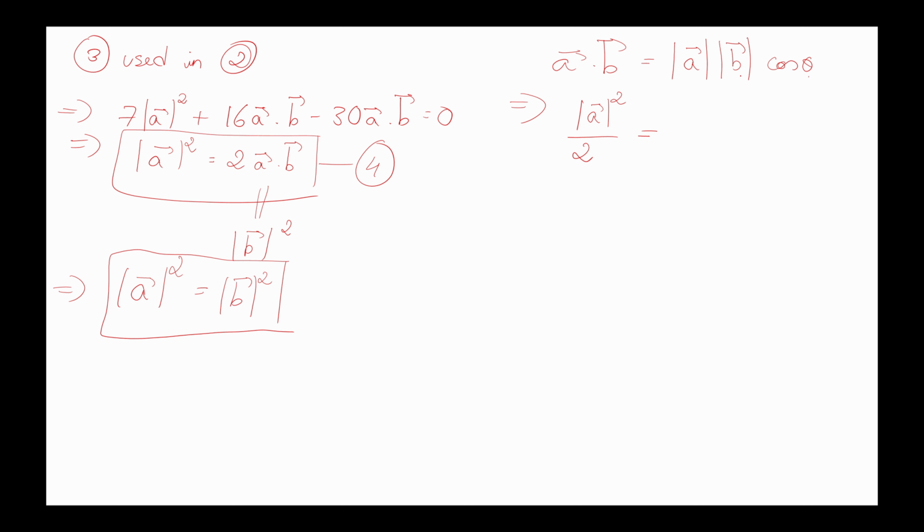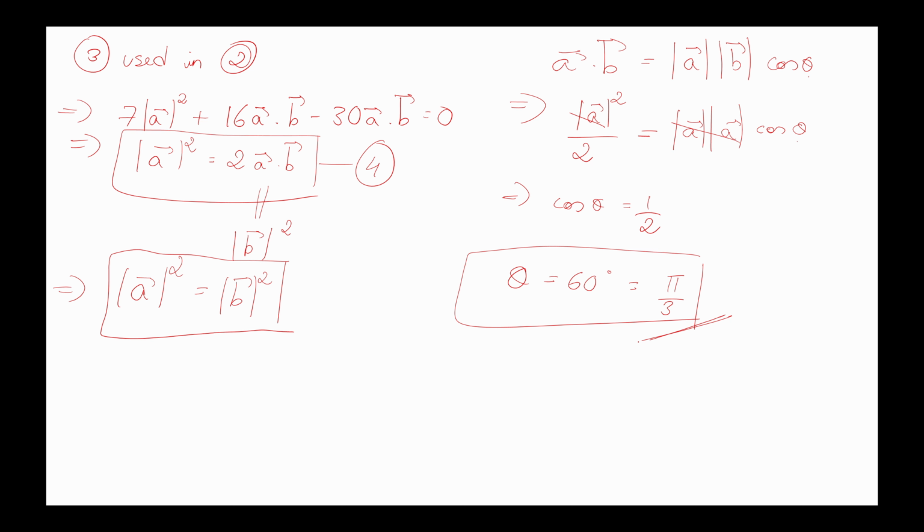Now we can convert b into a as well, so this can be written as this value only, cos theta. From here, this and this get cancelled, so we have cos theta equals half, and cos theta is half when theta is equal to 60 degrees, or pi by 3. So this is our answer.